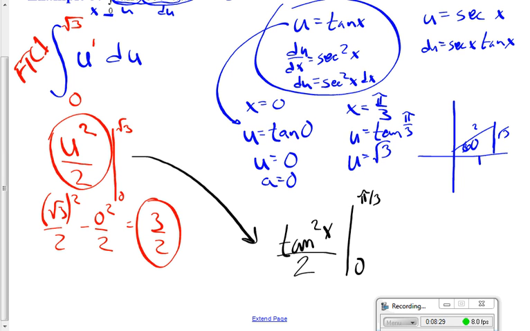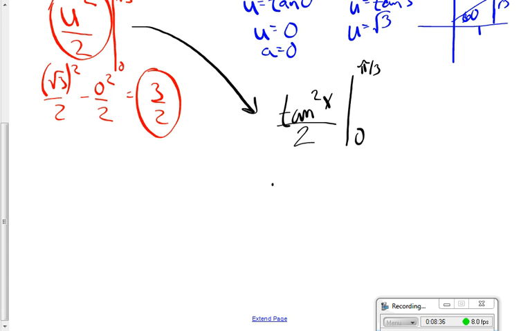Kind of see where I'm coming from here? I don't want you to get confused that you have to do both of these methods. You get to pick one. Okay? This would end up being tan squared pi over 3 over 2 minus tan squared 0 over 2.